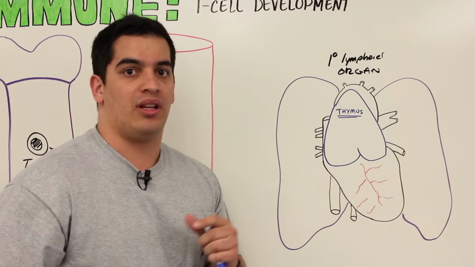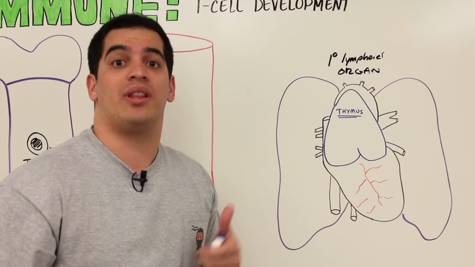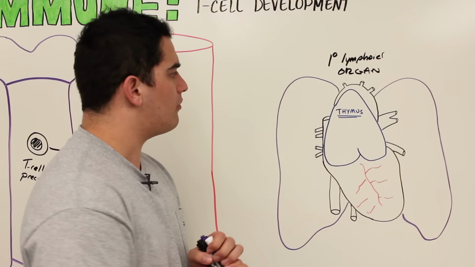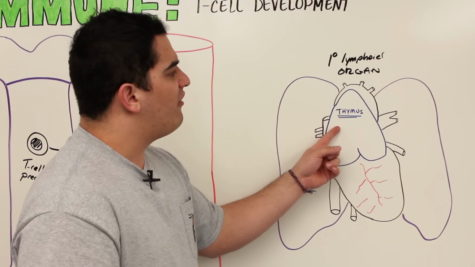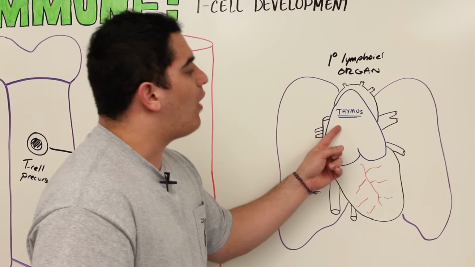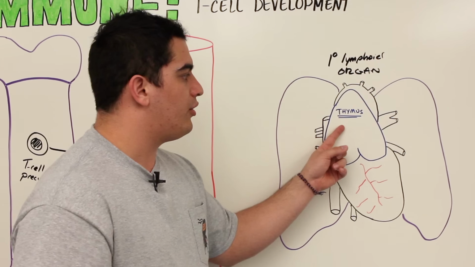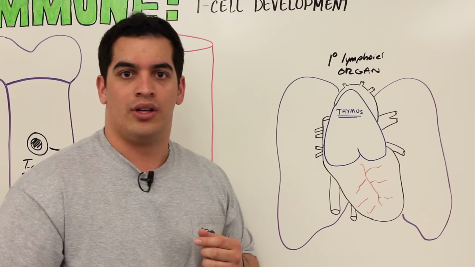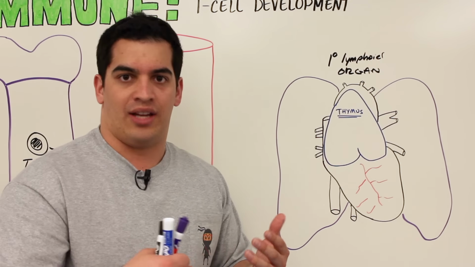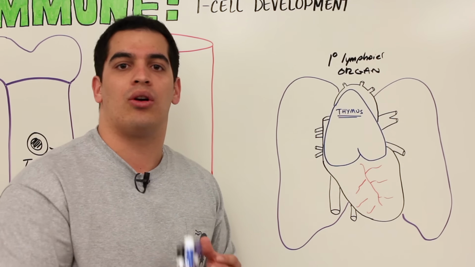The other primary lymphoid organ is the red bone marrow. That's where the B cells develop. This primary lymphoid organ is primarily functioning during the younger ages of life, during infancy, childhood, and up to early adolescence.